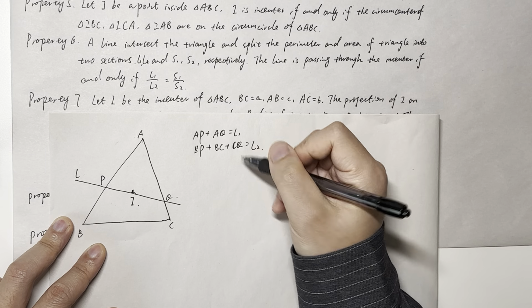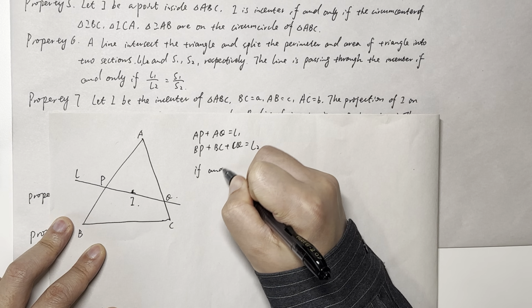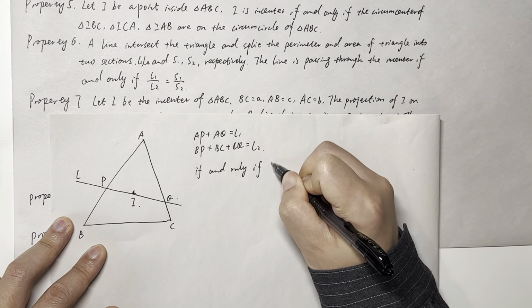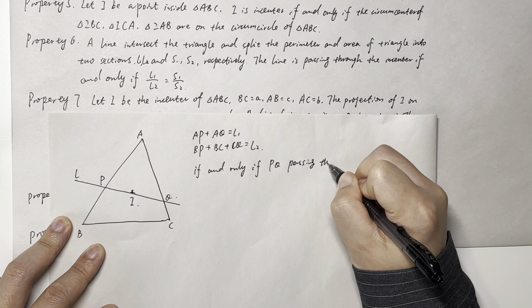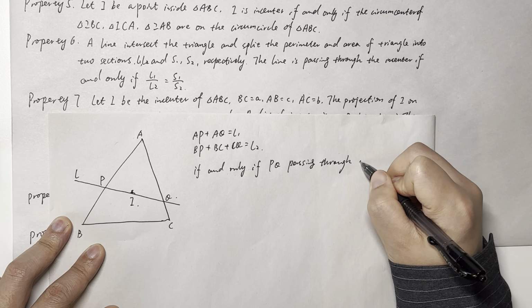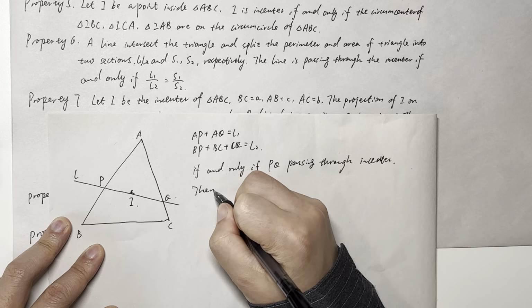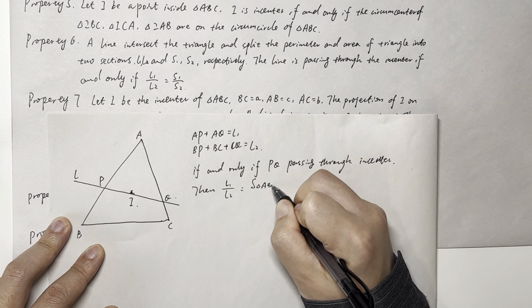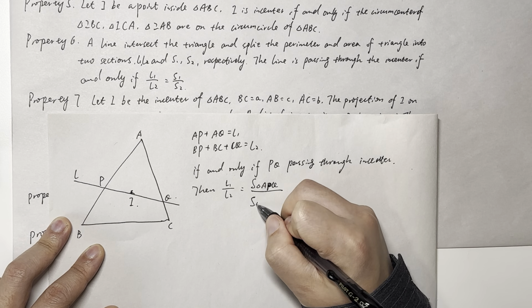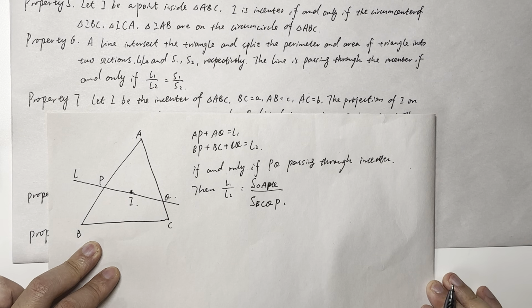And we basically want to prove that if and only if PQ passes through the incenter, then L1 to L2 equals the area of triangle APQ to the area of BCQP, right?